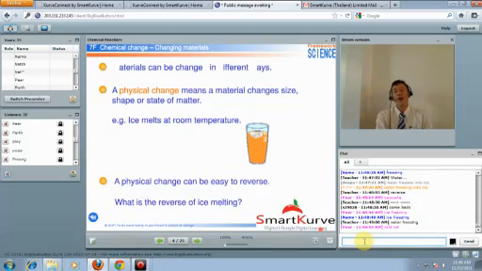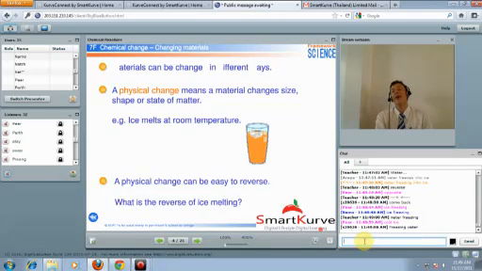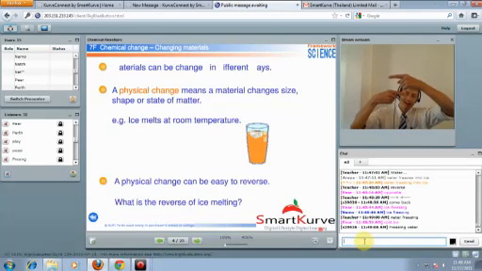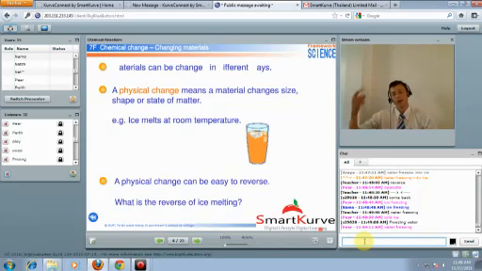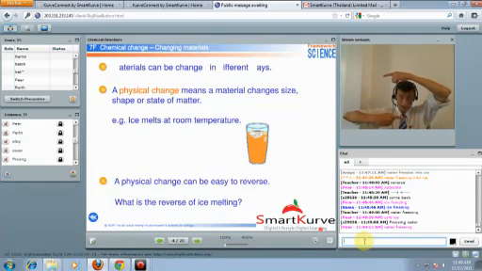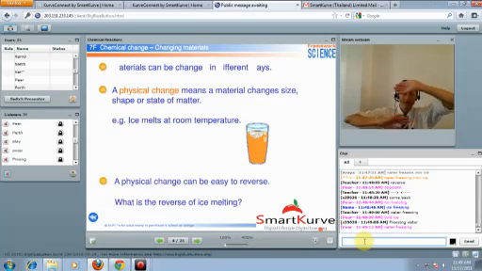Cold ice. All ice is cold. Water freezing. So we've got water freezing, ice melting. Exactly, yeah. Water freezing, ice melting. Water evaporating, vapor condensing. All right, let's move on.